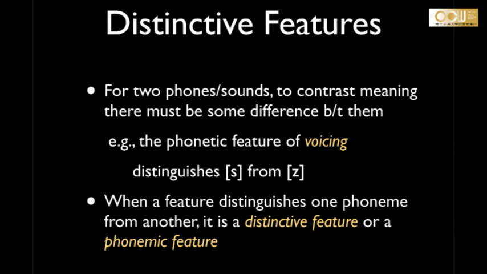So right now you have to learn how to use binary feature representations. So for the sound z, it's plus voice. How about s? In terms of voice, if you use a binary feature, it will become minus voice. 就是正跟负而已.